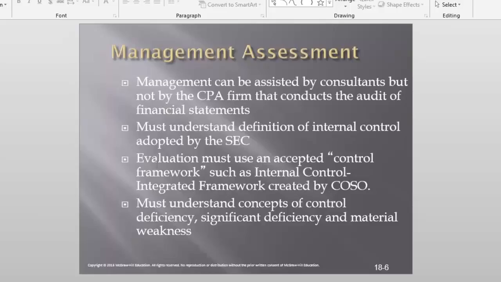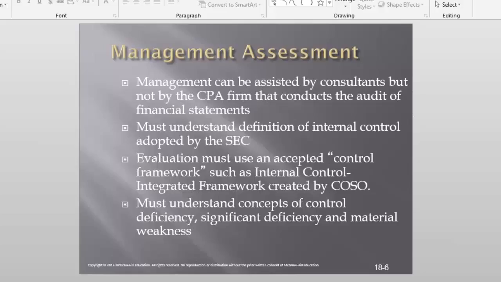So basically what we're saying here is that the audit of internal controls can be done by external parties. And in fact, there are a lot of organizations that actually thrive based upon doing this control testing over financial reporting.